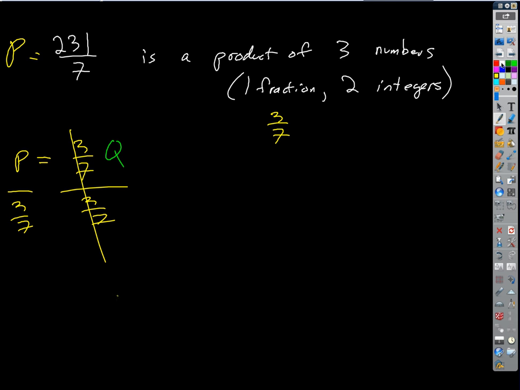Okay, so let's do that. 231/7 divided by 3/7. How do we divide by a fraction? Multiply by the reciprocal.